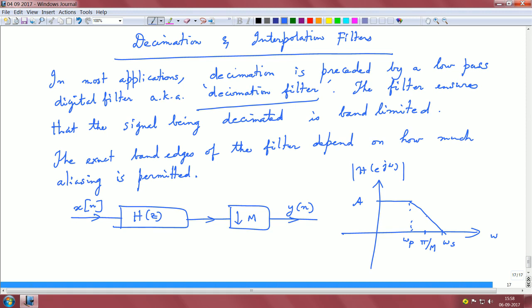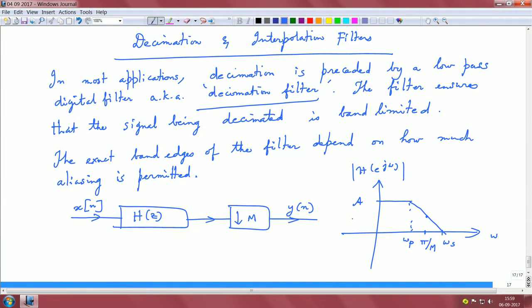You can probably assume this point somewhere is π/M, because when you stretch, this point is basically at π, and then there will be some amount of aliasing from this portion from the stop band. So, you can think how much aliasing you might want, or how much you can tolerate, and that should be made accountable in the design of this digital filter.